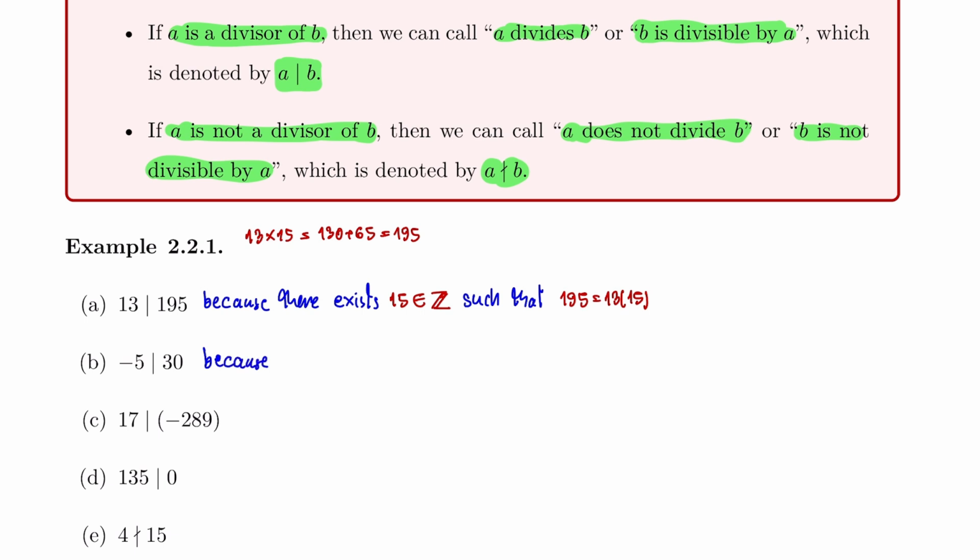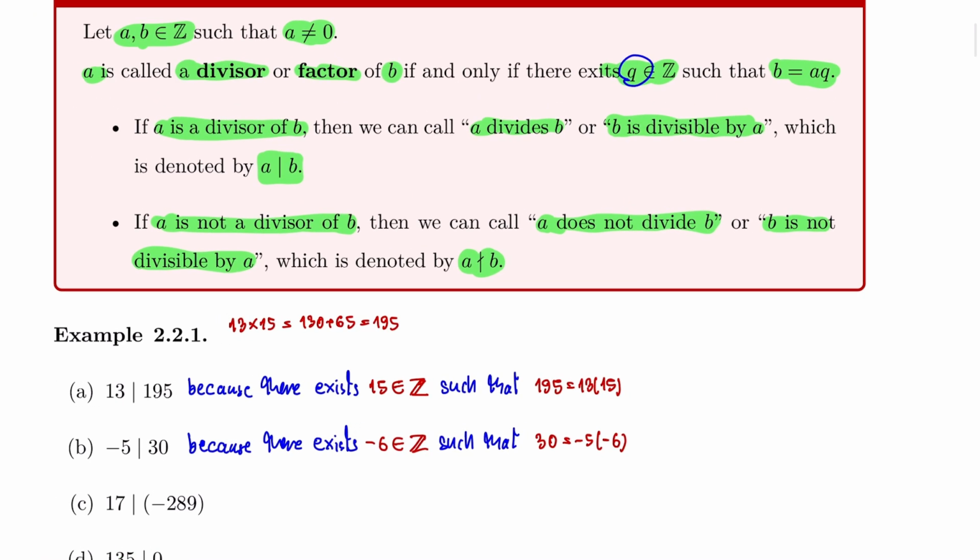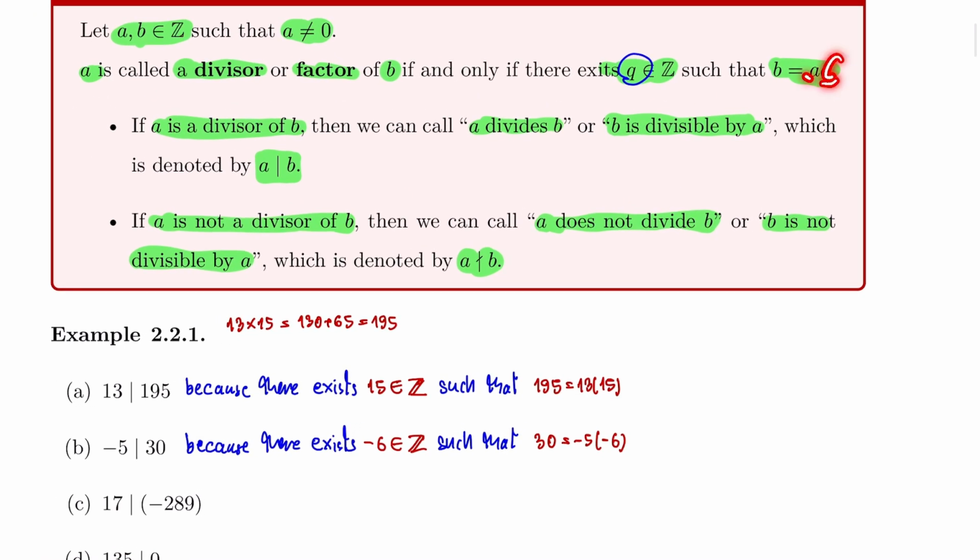Because there exists a Q, let's say minus 6, which is an integer, such that 30 equals minus 5 times minus 6. Let me see it. The divisor is in front of Q, right? Where Q is called the quotient.